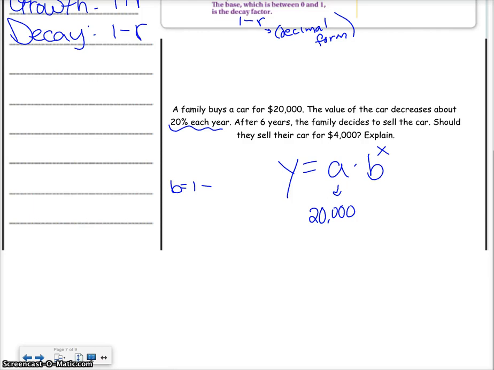So 1 take away 0.2, which is 0.8, right? So it's going to be times 0.8 to the x. That's the equation. Remember, B is always either 1 plus the rate or 1 minus the rate.